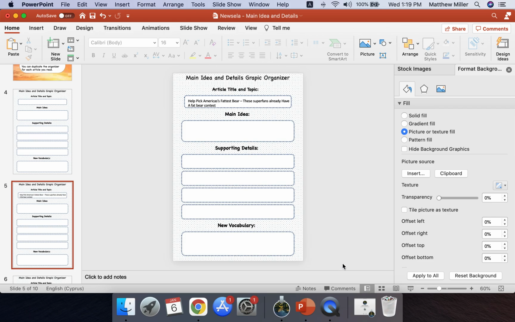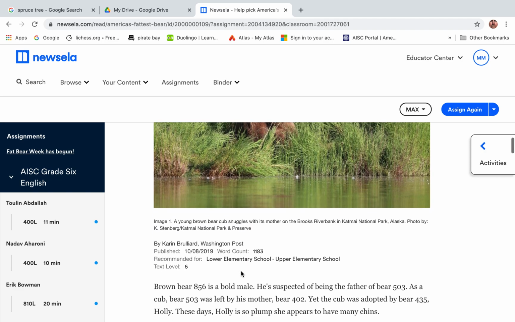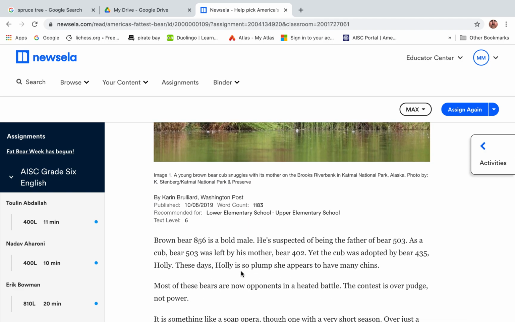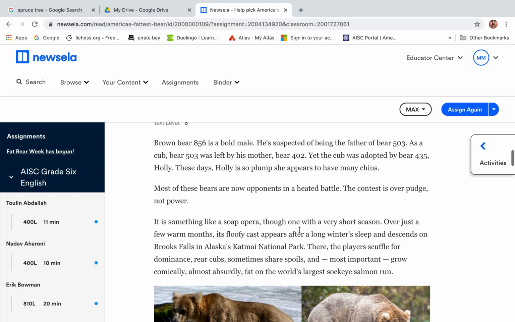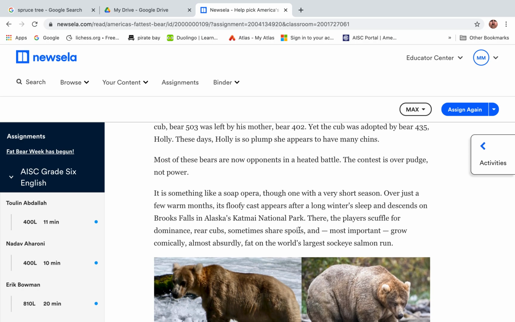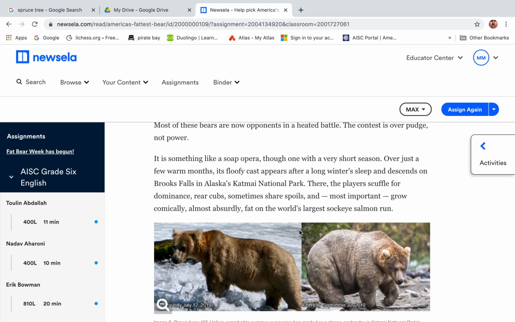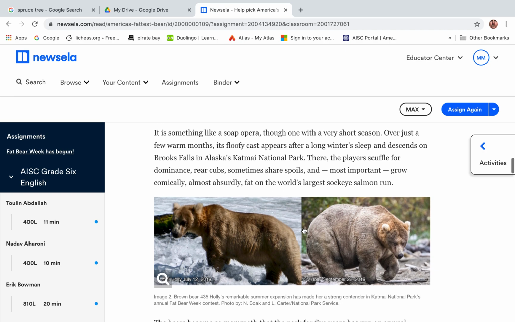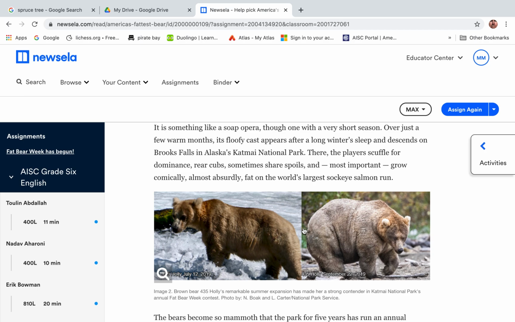All right. Let's go back, and it might take a while to figure out exactly what the main idea is, because you don't know what the main idea is until you've read the whole article. So I'm going to go through the article and reread it again. Most of these bears are now opponents in a heated battle. The contest is over pudge, not power. Something like a soap opera with a very short season. Over just a few warm months, a floofy cast of characters appears after a long winter's sleep and descends on Brooks Falls in Alaska's Katmai National Park. There the players scuffle for dominance, rear cubs, sometimes share spoils, and most important, grow comically, almost absurdly fat on the world's largest sockeye salmon run.